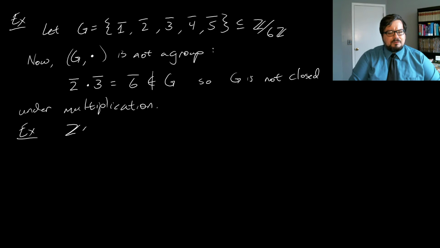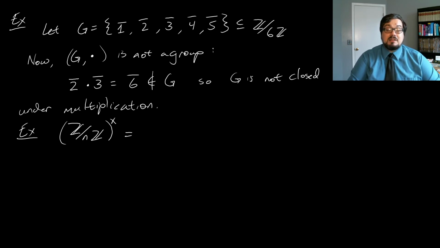So for any positive integer n, we want to let Z mod nZ cross, and we're going to use this notation up here. This cross is meant to suggest multiplication. This is going to be the set of things that are going to work with multiplication.